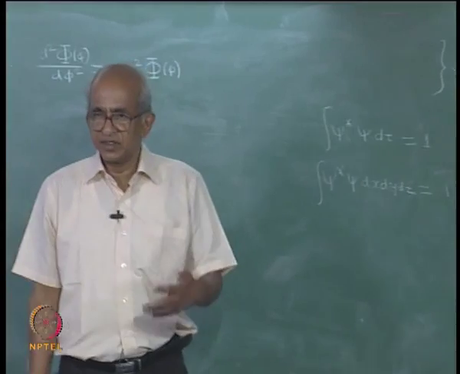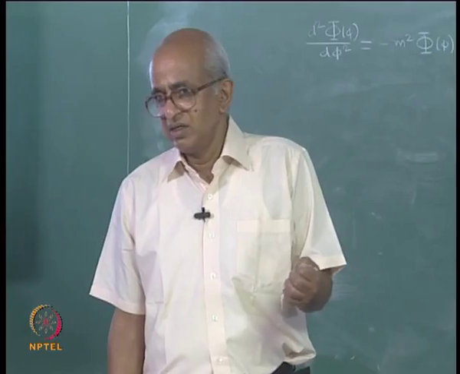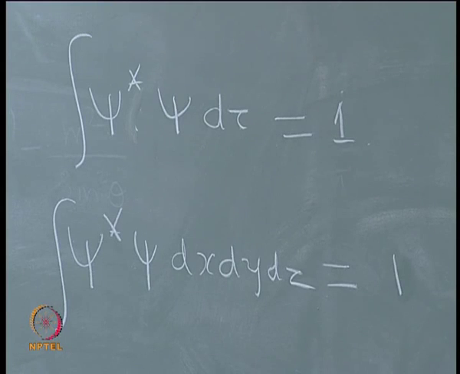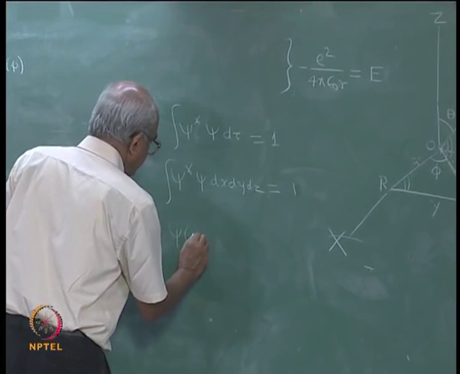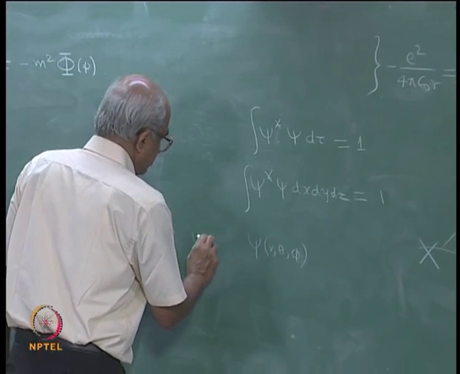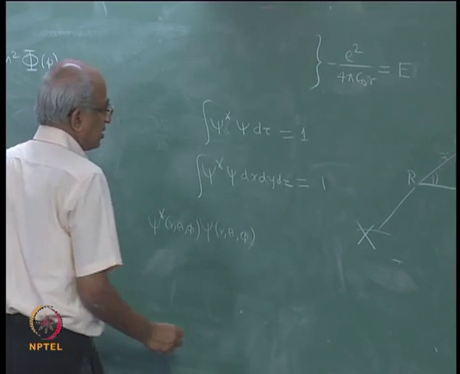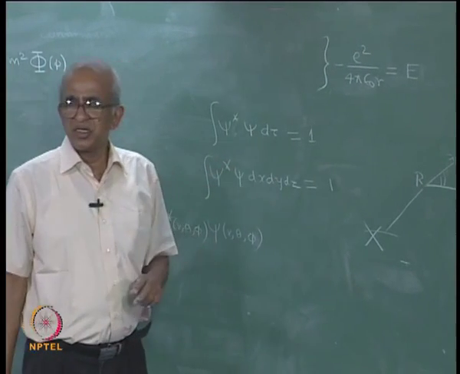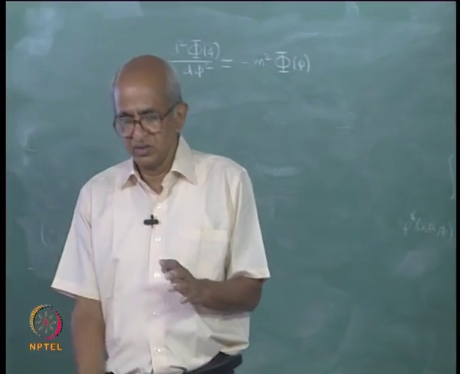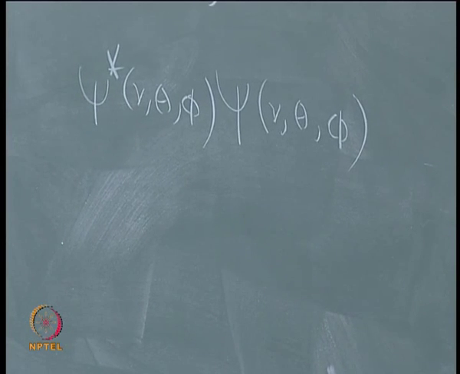But we have decided to throw away Cartesian coordinates and express everything in terms of r theta phi. So, what does that mean? It means that the psi that I find, which will be a function of r theta phi, I will have to multiply it by its own complex conjugate. Then I will have to multiply it by the volume element d tau.